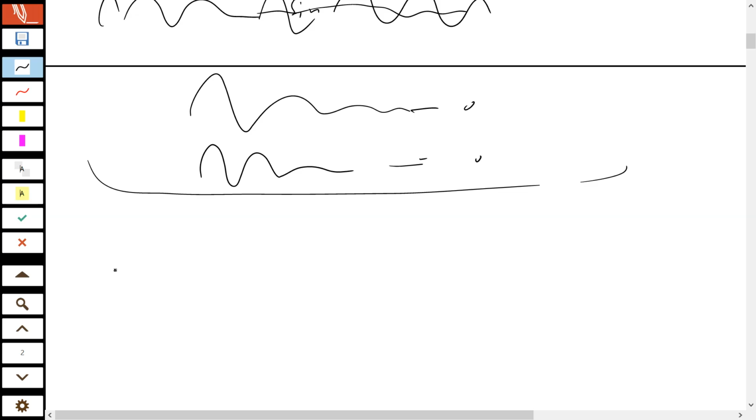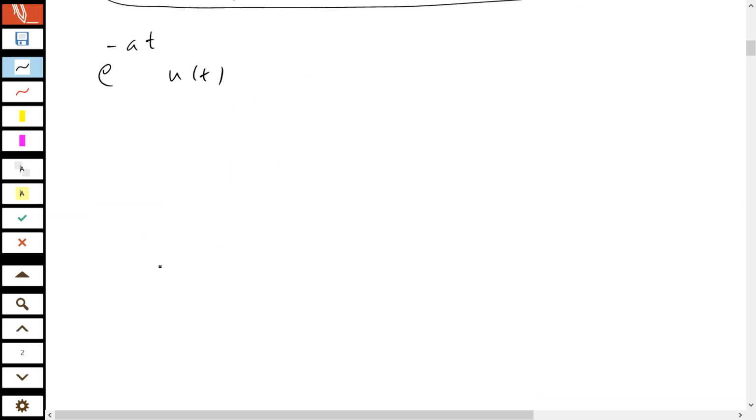What we discovered is that exponential minus at u of t, which in the time domain will not be this signal but some, we can still use this dashed line, and it will be some actually decaying signal. For simplicity, let's say A is real.